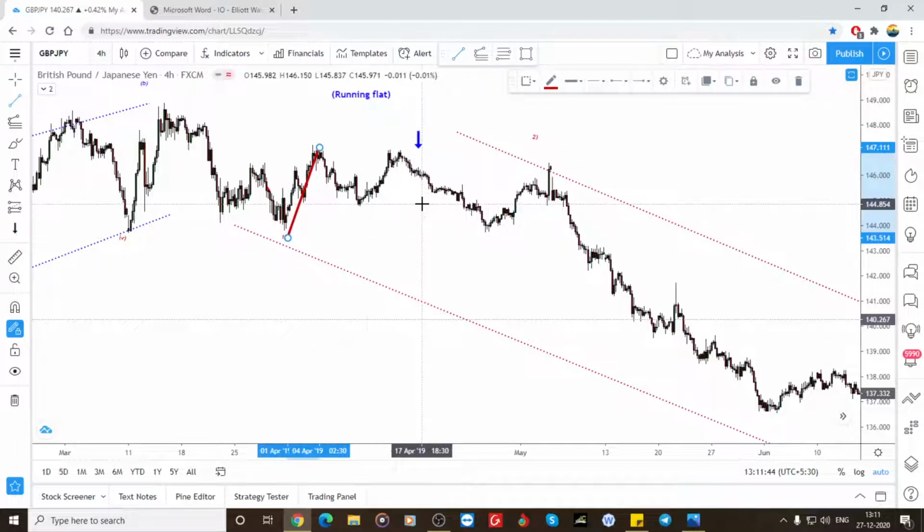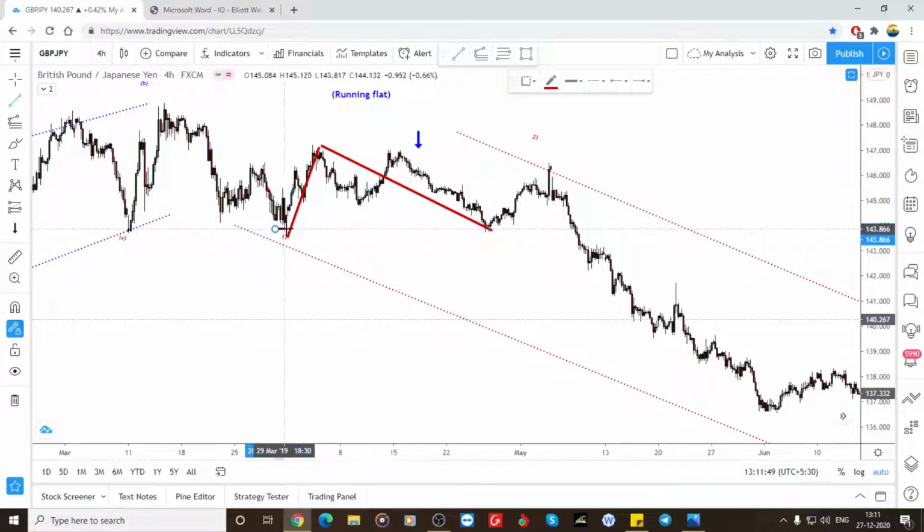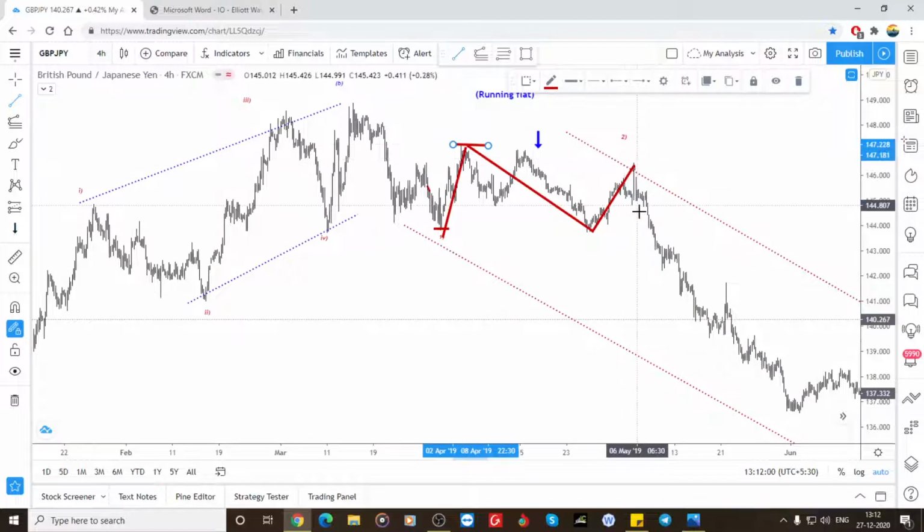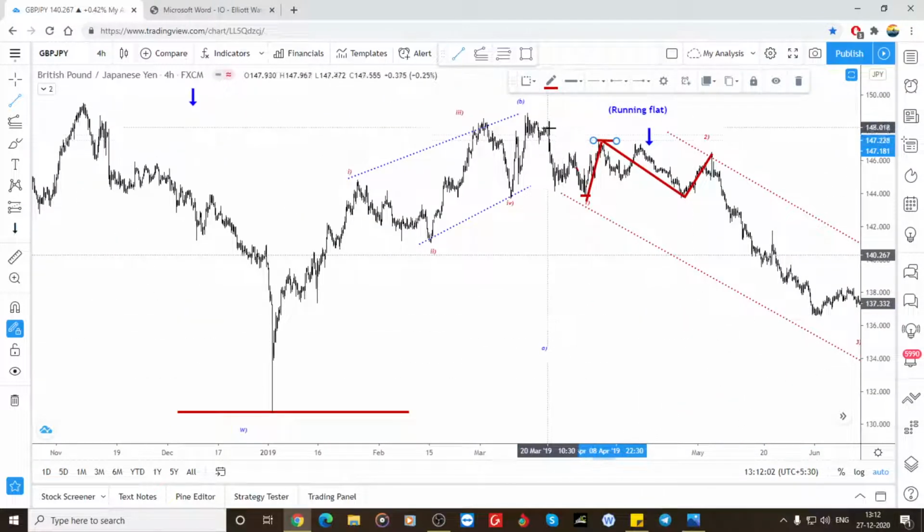This is the A, this is the B. It already broke the low by 1 or 2 pips, and again it went for the five-wave structure, but it didn't break the high. So this is the running flat formation, and again the continuation of that downtrend. So this is also a running flat.